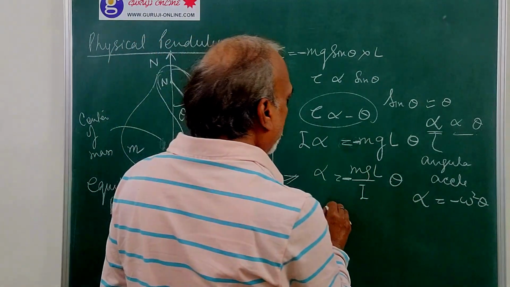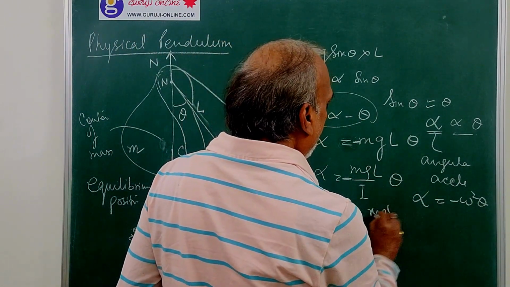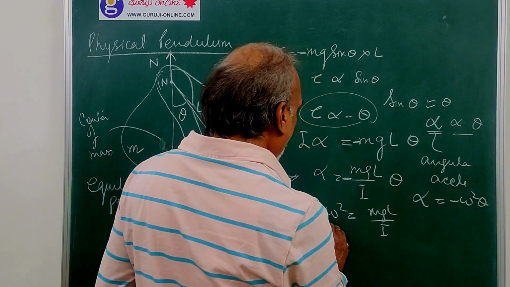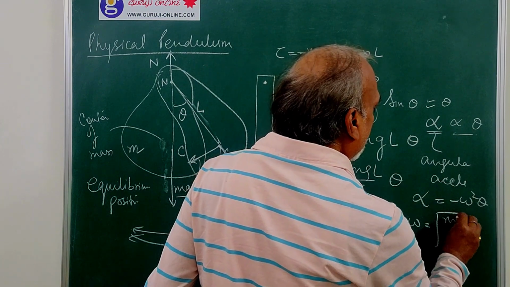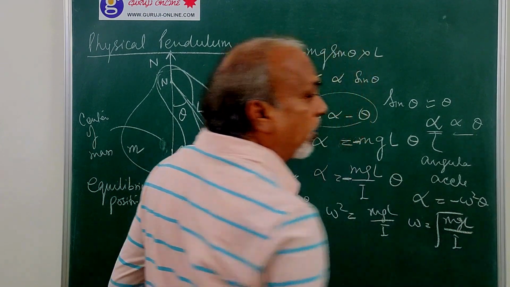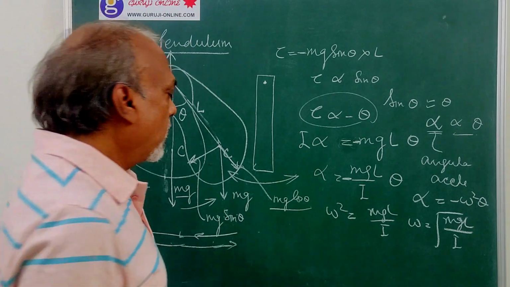So basically what is omega square? Omega square is nothing but mgl upon I, or omega is root of mgl upon I, correct? And what about omega?